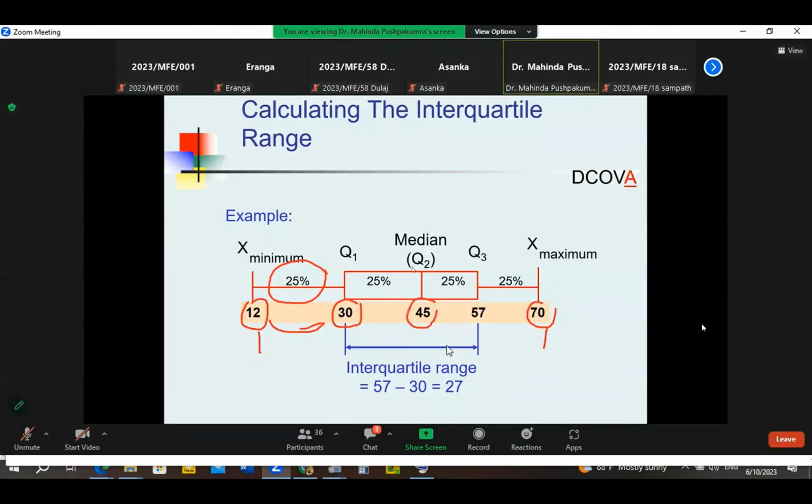The second quartile is 45, indicating 50% of observations are below the median and 50% above. The third quartile is 57, indicating 75% of observations are below the third quartile and only 25% above. The difference between these two we call interquartile range.